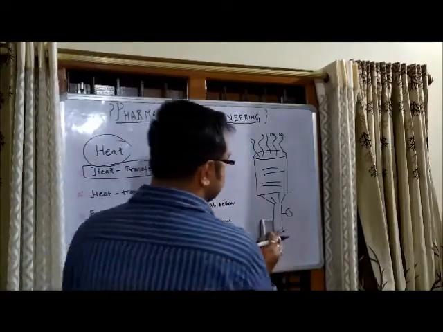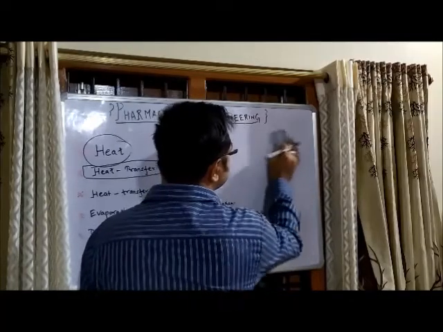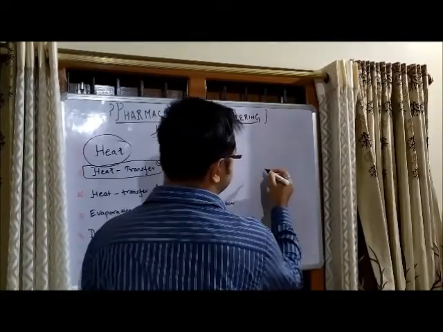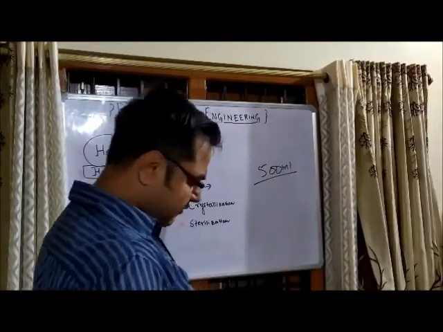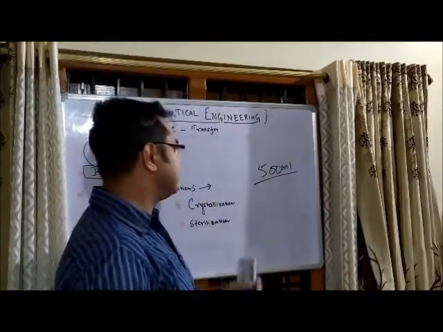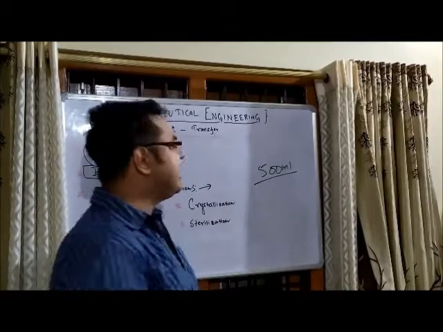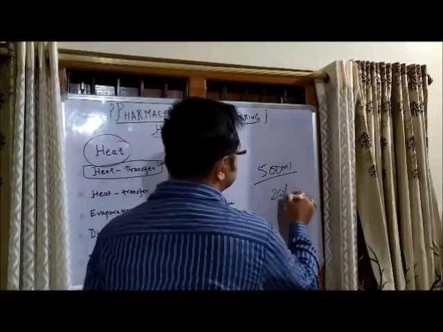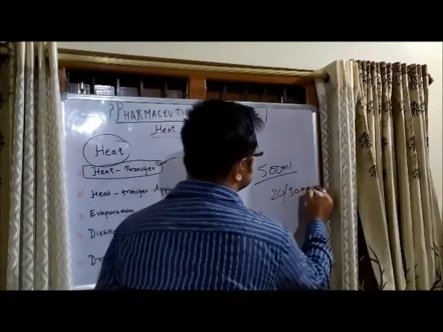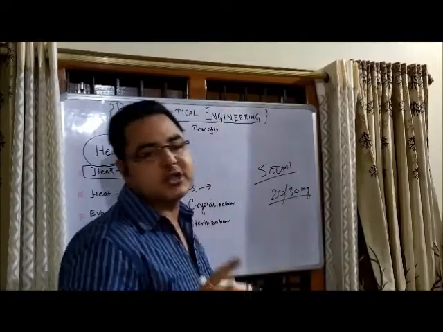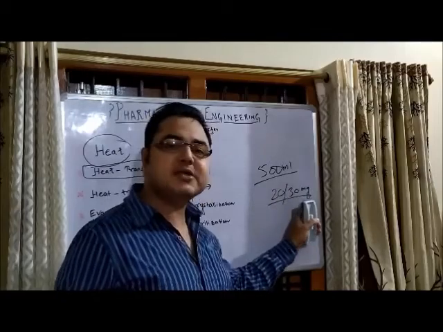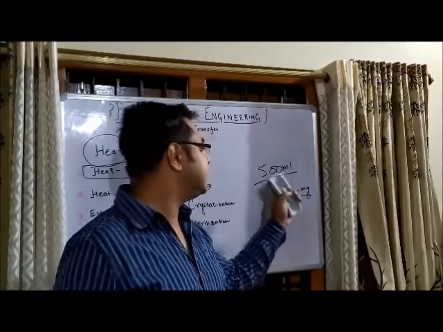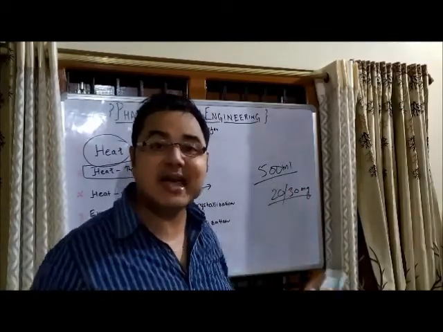Suppose we have got 500 ml of some extract after extracting from the plant part, right? Now this 500 ml may have around 20 to 30 mg of the active constituent, right? But this 20 to 30 mg of the active constituent is present in 500 ml, which is very dilute.